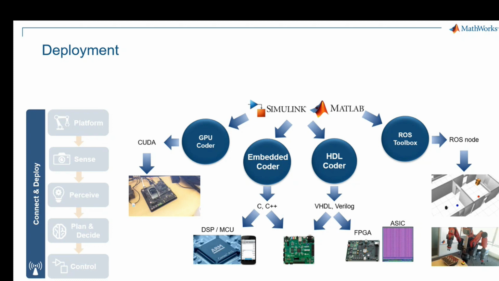The idea is that all our methods and algorithms developed in all the phases that we've been seeing here, from modeling until control, we can then deploy to our platforms quite straightforwardly using what we call coder products. So these are toolboxes that are going to transform our Simulink and MATLAB code into other languages.